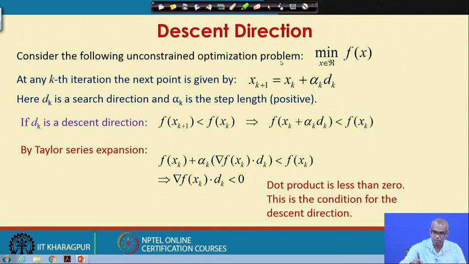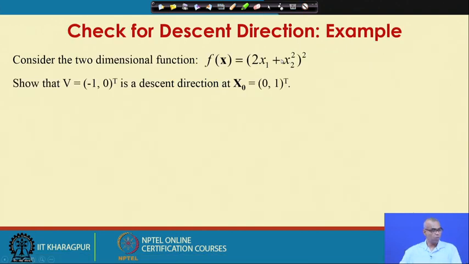So, let us take a simple problem so that you can understand the concept better. Consider the two dimensional function f of x equal to 2 x 1 square plus x 2 square whole square. Show that v equal to minus 1, 0 is the descent direction at x 0 equal to 0, 1.